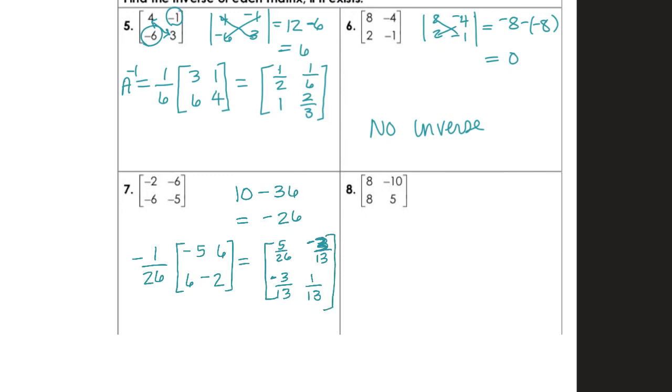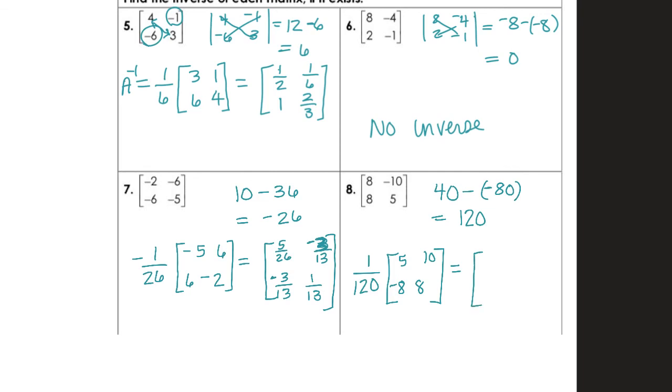All right, so for number 8, woohoo! So downs would be 40 minus ups, which is a negative what? 80. Oh, goodness. So what's our determinant? 120. Well, it's non-zero. So 1 over 120 times, swap places with 5 and 8. Change the signs of your others, and multiply through. 5 over 120.